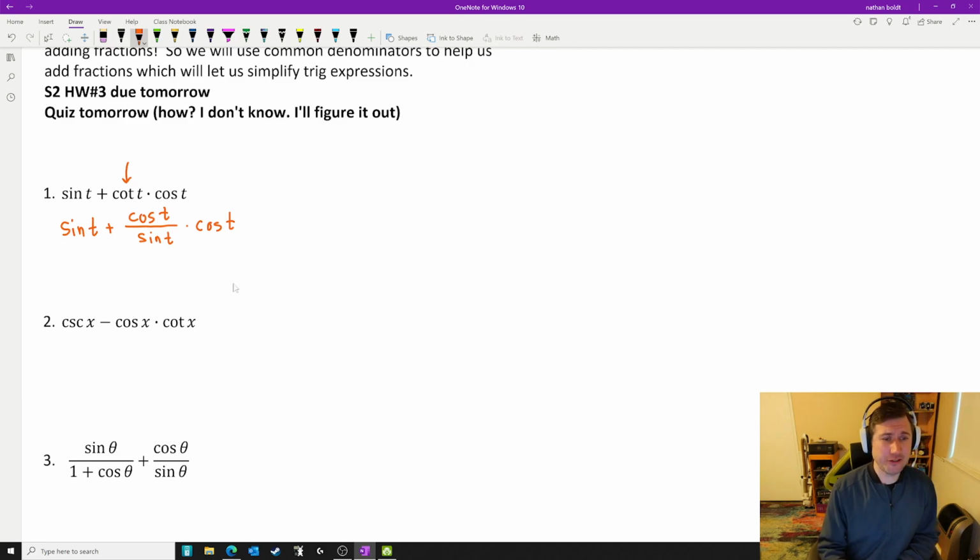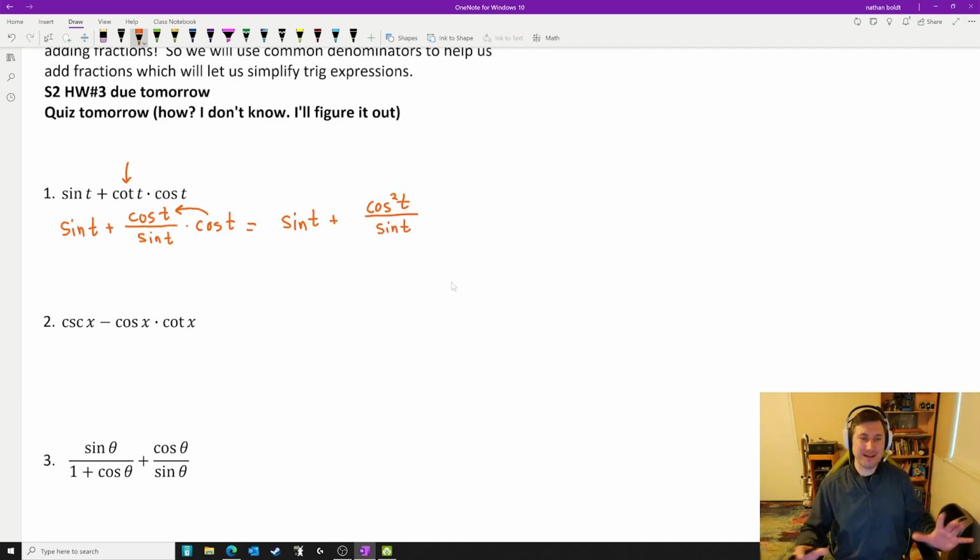The fraction on the right, this cosine is actually on the top, technically cosine over 1. So we'll rewrite this as sine of t plus, on the top, cosine squared over sine.